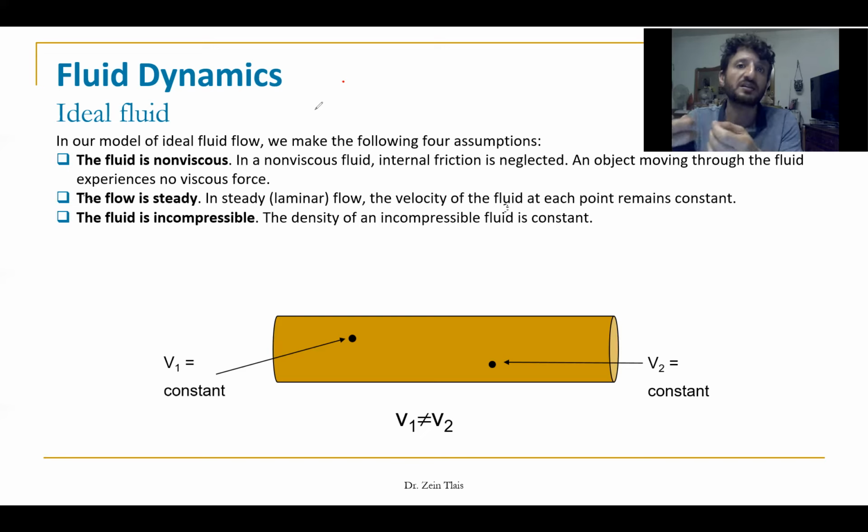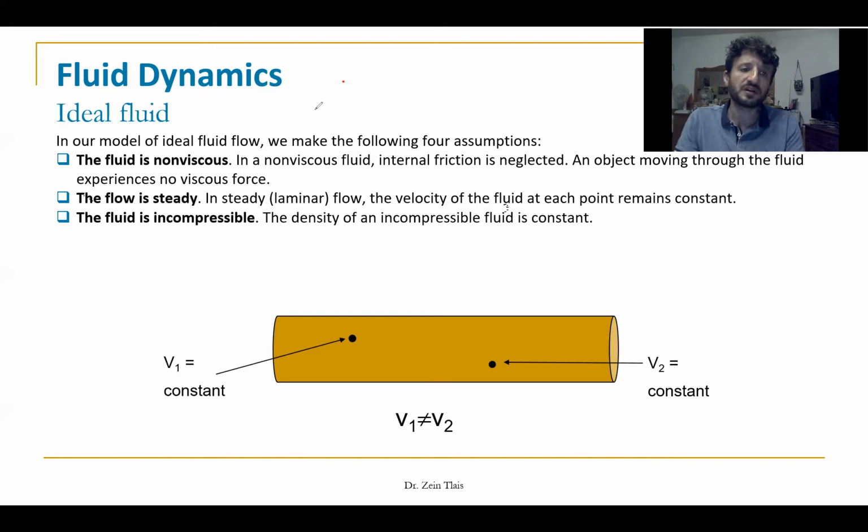This motion must be the same for any fluid when I talk about the ideal fluid. So the density rho will be the same for any fluid in the ideal case.